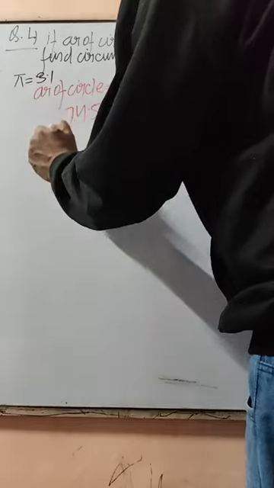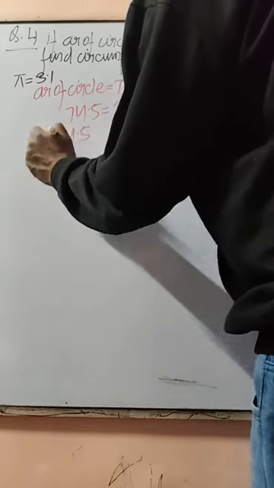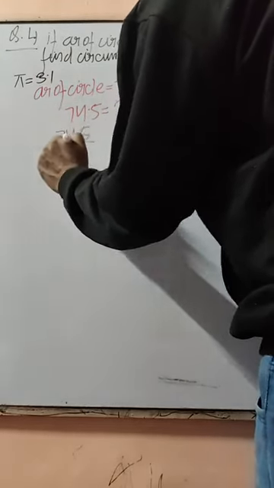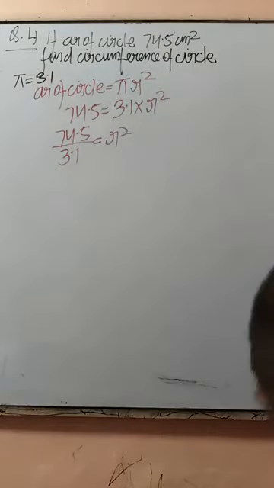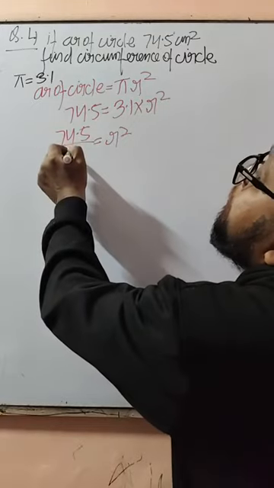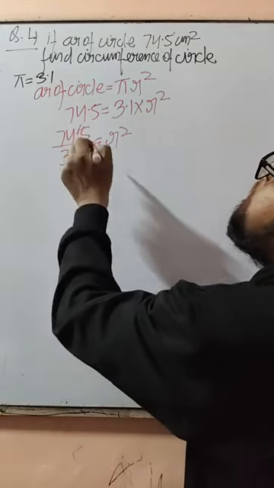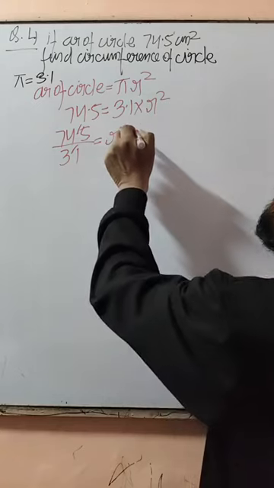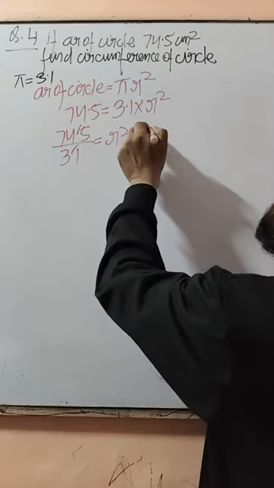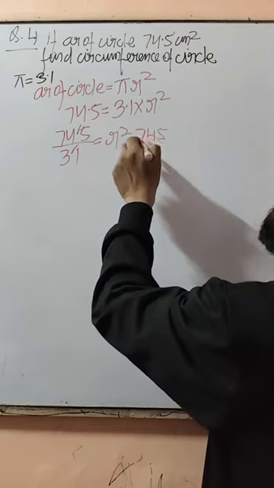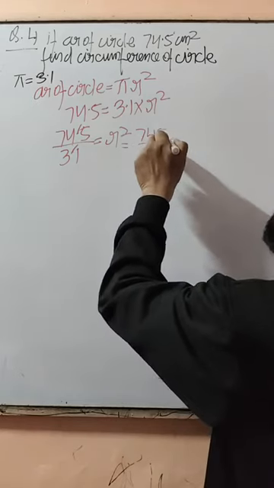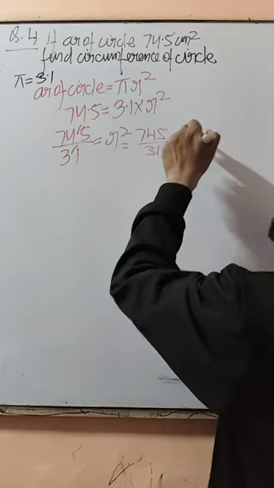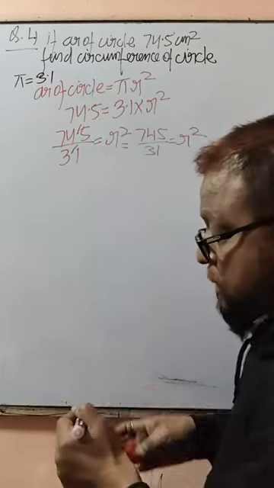So 74.5 upon 3.1 is equal to r square. How will you solve this? Remove these two decimals. So you get 745 divided by 31 is equal to r square. Right?